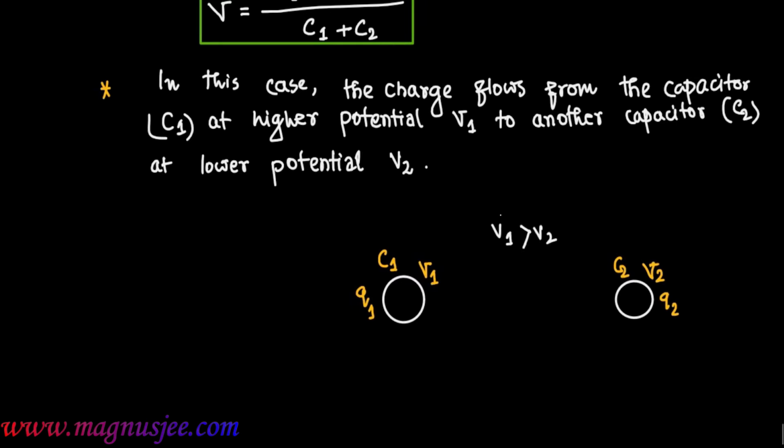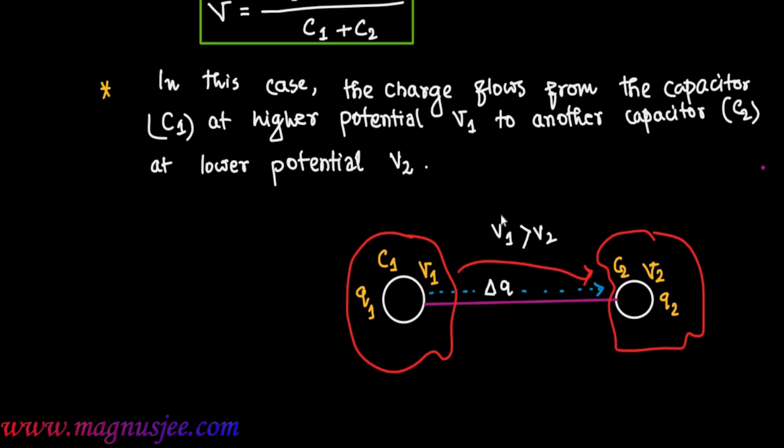In the diagram, V1 is greater than V2, that is, the potential of the capacitor C1 is greater than the potential of the capacitor C2. When the two capacitors are connected by a conducting wire, delta Q amount of charge will be shared from the capacitor C1 to C2 through the conducting wire.